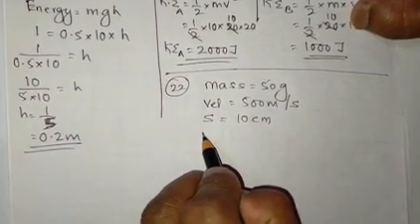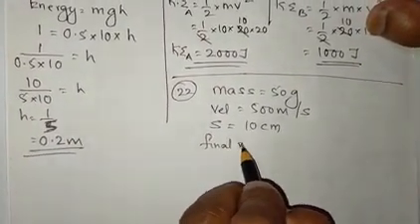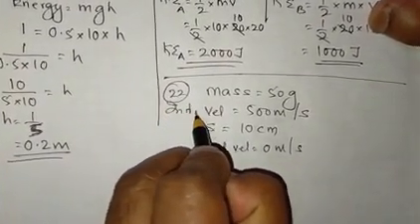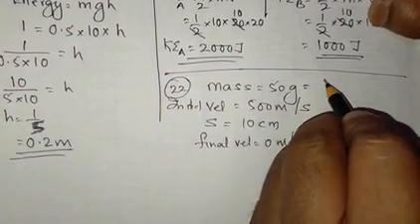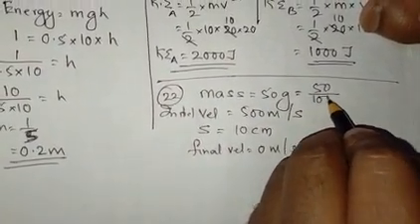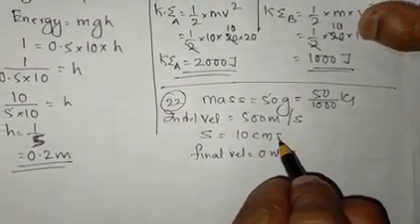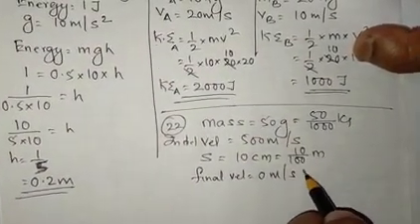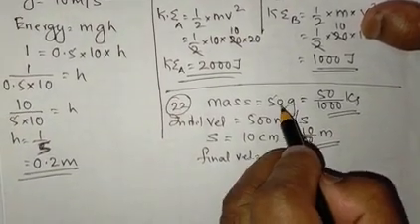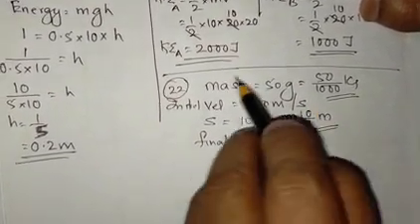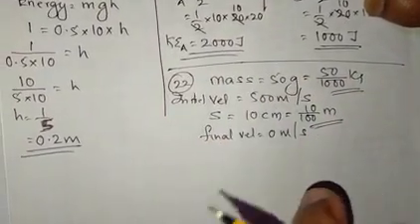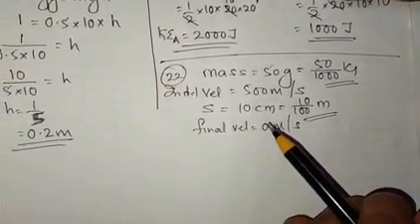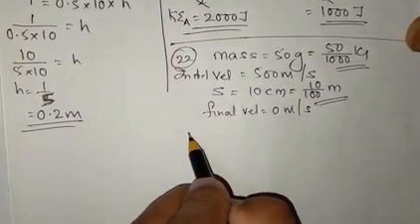When it comes to rest, the final velocity is 0, and the 500 meter per second will be my initial velocity. Mass is given in grams, so first convert it into kg. Distance is given in centimeter, convert it into meter. Whenever it is given in grams or centimeter, just write down the things which are given, so you will know where the conversion needs to be done. Find the kinetic energy possessed by the bullet.